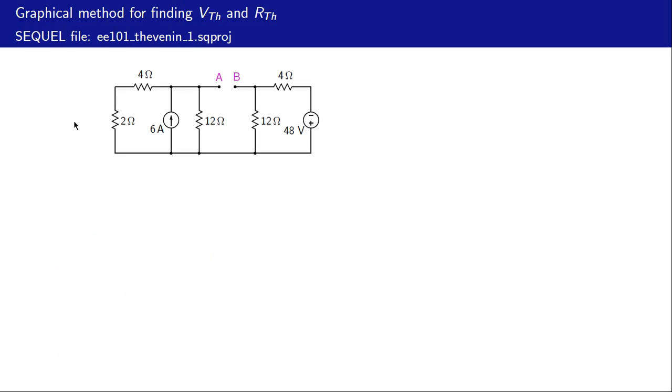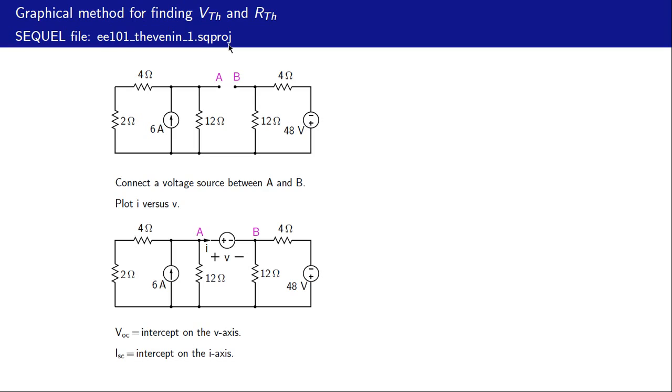Let us apply the graphical method that we just discussed for this circuit, which we have already considered earlier. And here is the SQL circuit file, so you can run this simulation and obtain the plot that we are going to look at very soon. Okay, so how do we go about it?